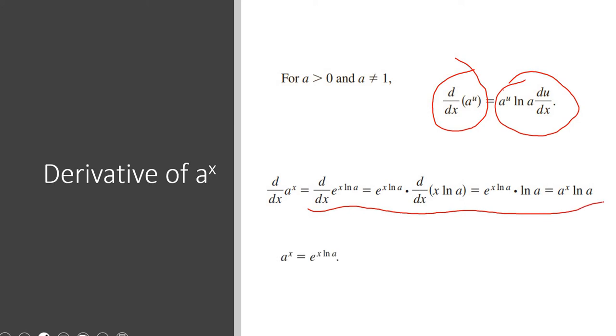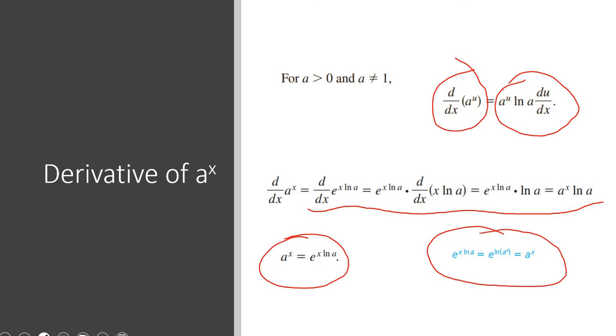If we have a constant a raised to the x, we can rewrite that as e raised to the x times ln of a. This relationship simplifies taking the derivative of a constant raised to a function. Otherwise, having to differentiate a function such as a raised to the x would be rather complicated.